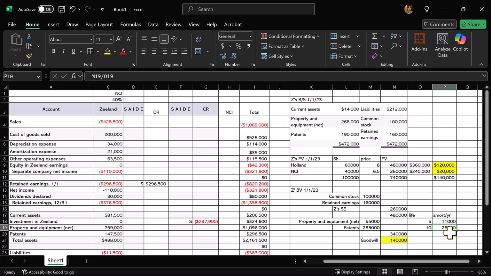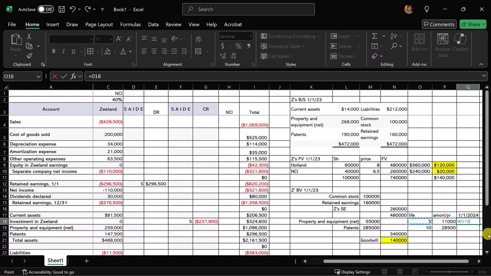Okay. So at the end of the first year, at the end of 2023, we start off with this cost and less 1 year's amortization. So this is really the January 1st, 2024 balance. Taking the costs and minusing just 1 year.